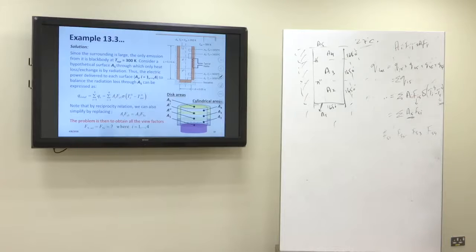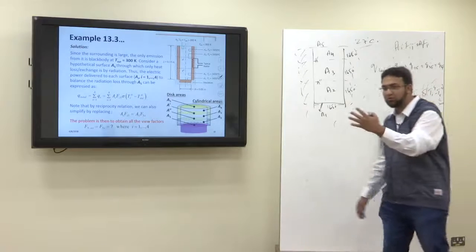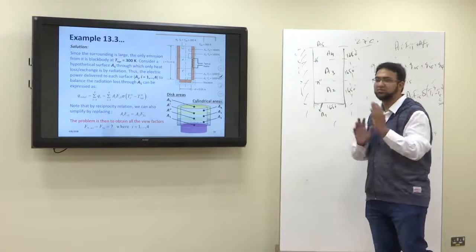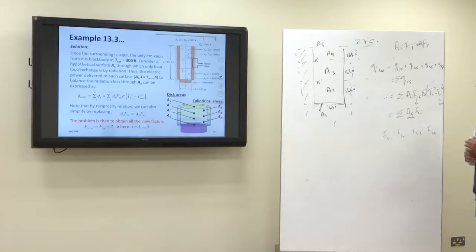Is it clear? If I know these four factors, I will substitute them into this formula and find out the total heat loss. Before proceeding, do you understand till this step or not? Is there anything that you do not understand? You can ask.